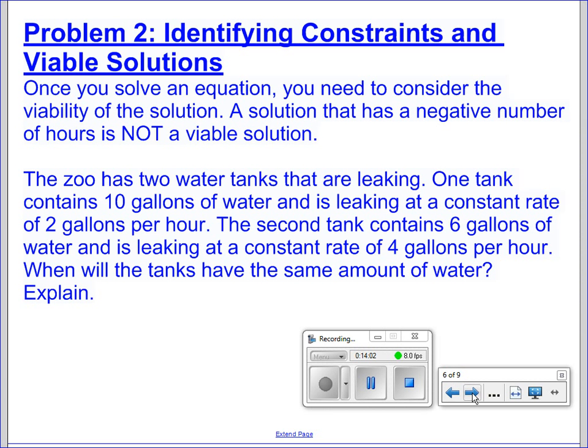All right, well, let's identify the 2 things that we don't know. This question right here gives us one clue, when. Well, when is what time, and all of our time in this problem is in hours. So let's use H for the number of hours.